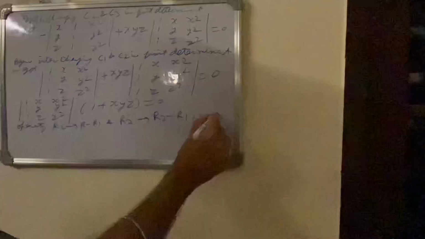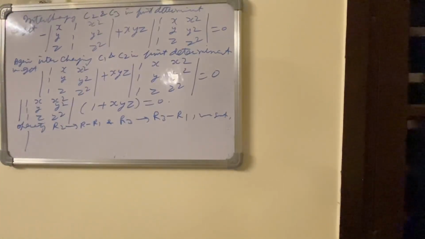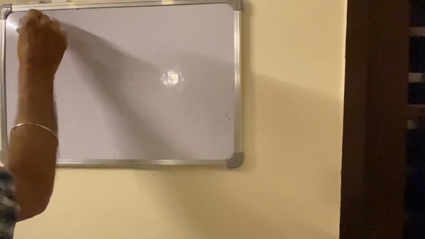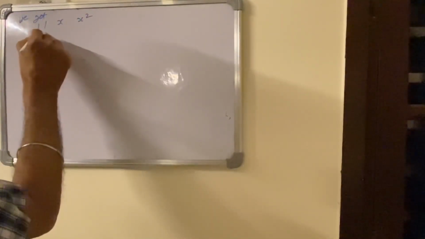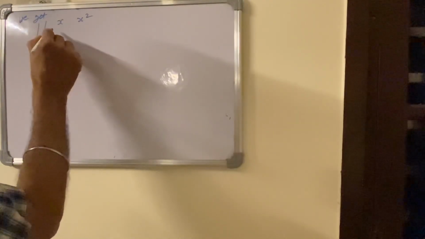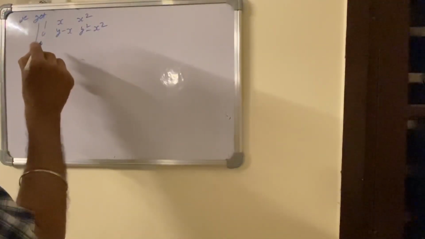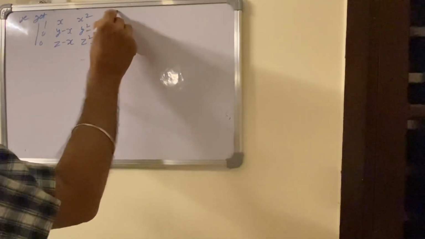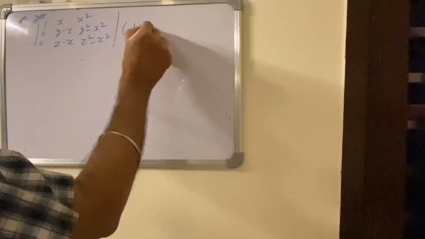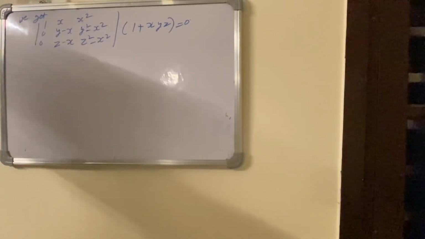So we get first row 1, x, x square, then 0, y minus x, y square minus x square, then 0, z minus x, z square minus x square into 1 plus x, y, z is equal to 0.